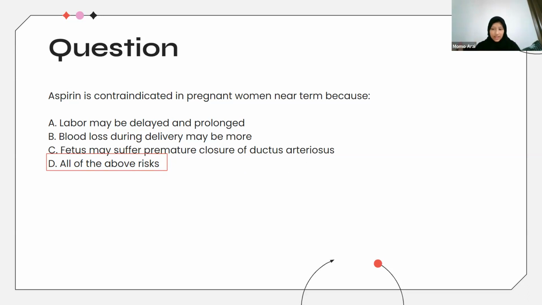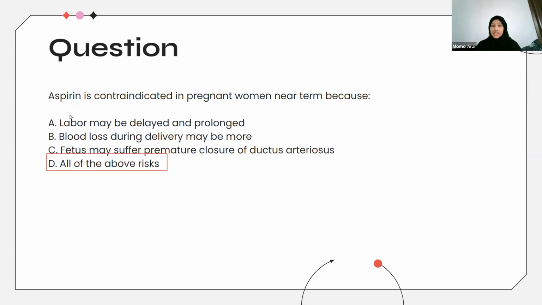Aspirin irreversibly inhibits COX-1 and COX-2, and that's why it's sometimes used as an antiplatelet, because its effect is longer than NSAIDs. That's why it's contraindicated also in pregnant women.